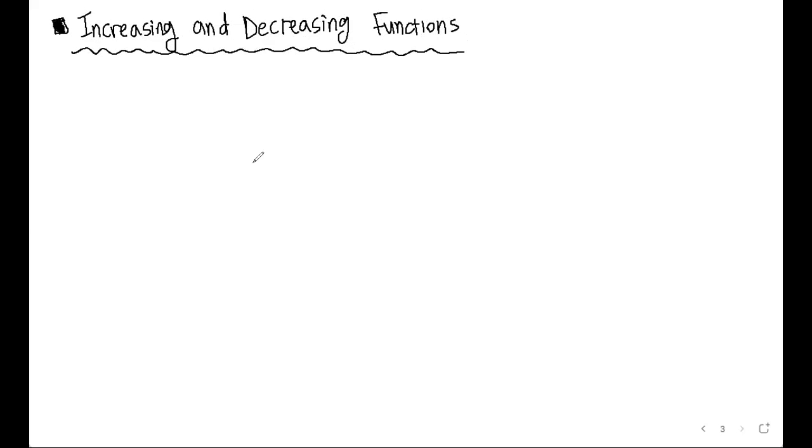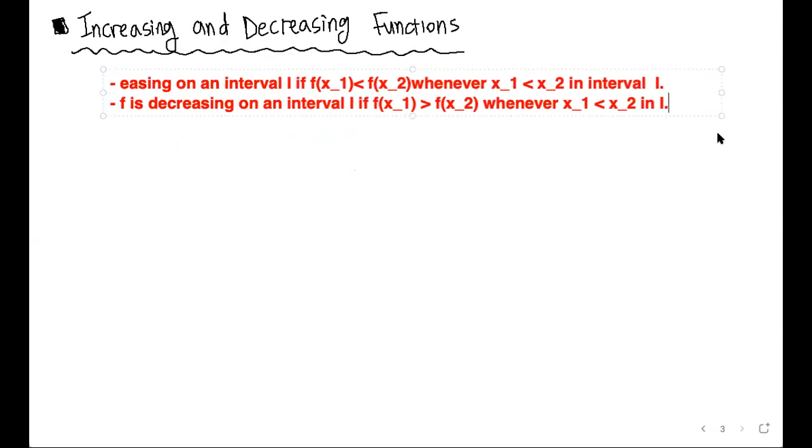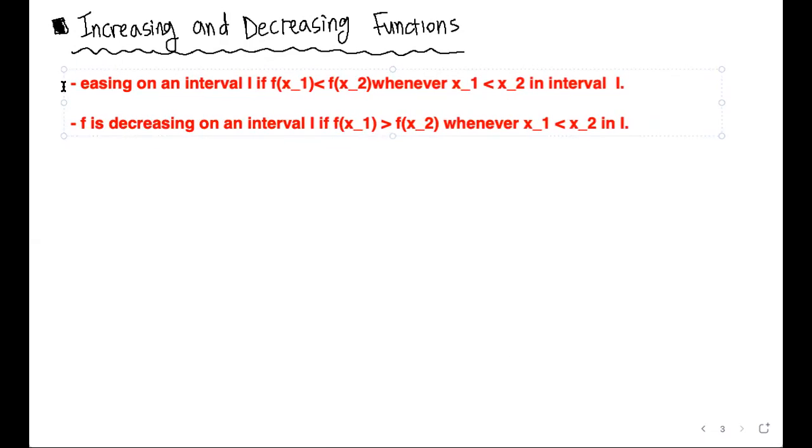Okay. Let me give you the definition for increasing and decreasing. After that, I'm going to explain what the definition says, the same idea as before.